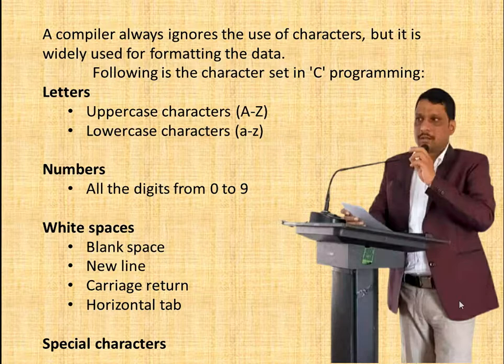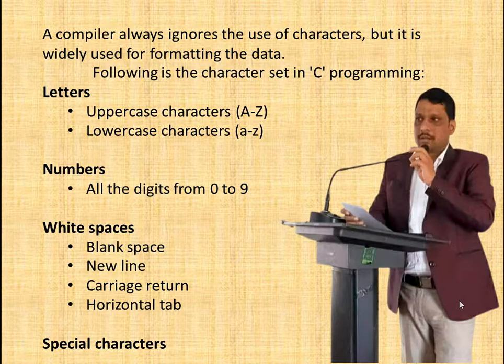As we know, we always use various letters, and these are the English letters from capital A to capital Z and small a to small z. Then the numbers: all the digits from 0 to 9 are the numbers that we use in the character set of C programming.